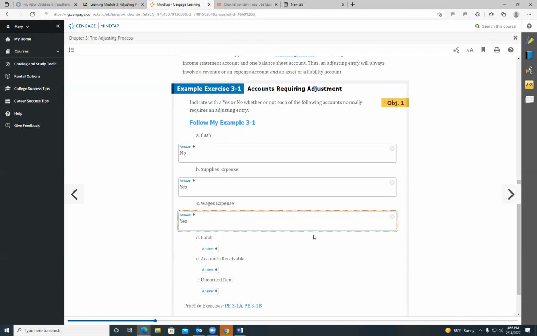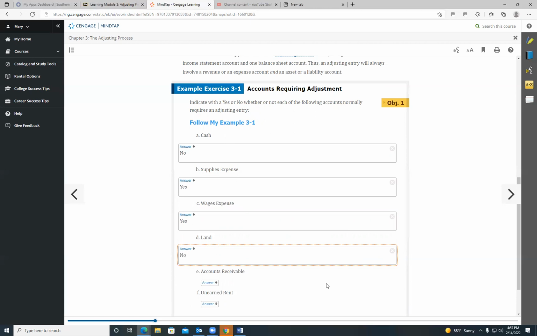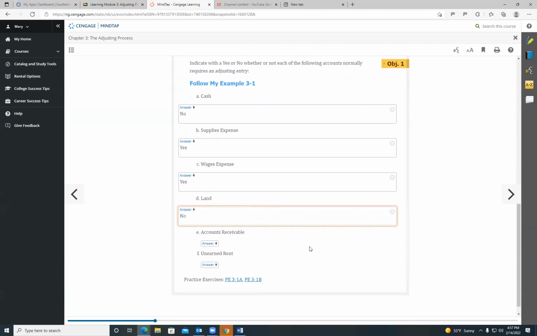The next one, land. No. Land is another one of those assets that does not need an adjusting entry at the end of every period. So the answer to land is going to be no. Accounts receivable is a definite yes. Again, in the example we showed, sometimes you'll provide services to customers and you've not been paid yet.